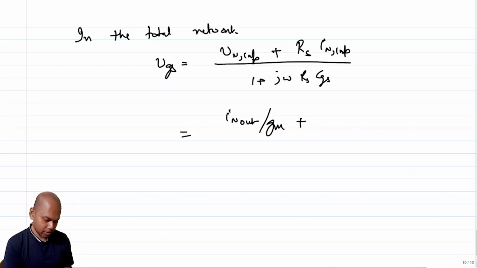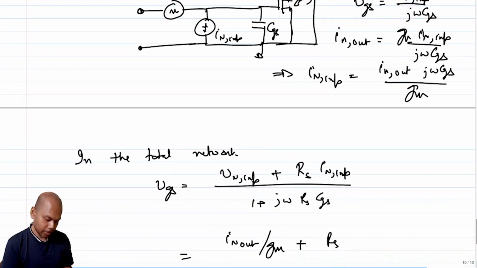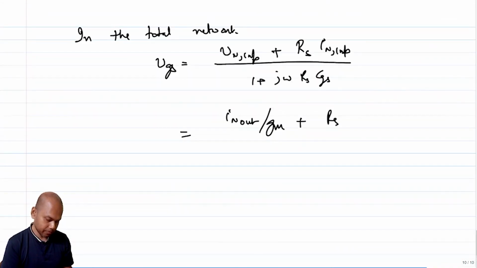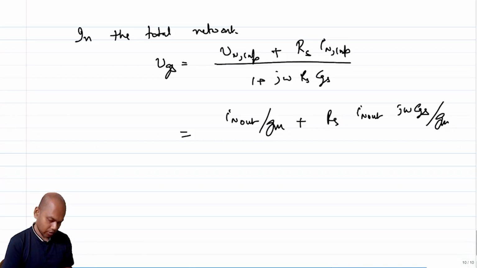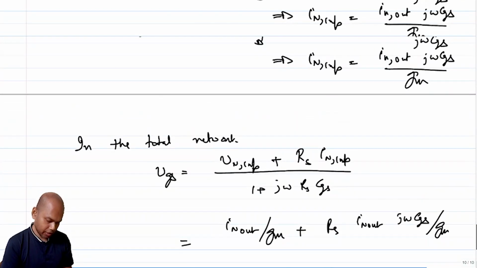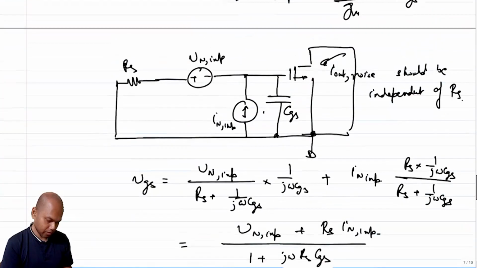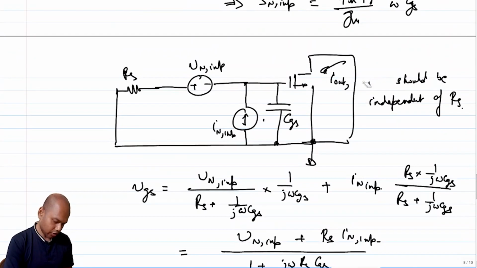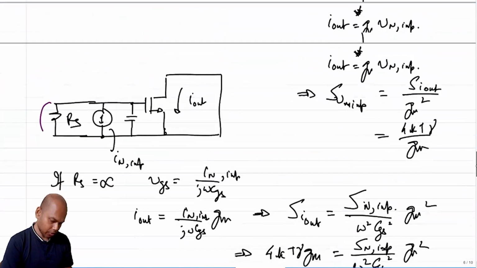And what is In INP? That is In out times j omega CGS over gm. By the way, I probably have to make a correction here. I have not stayed true to the symbols. Should use In out here.